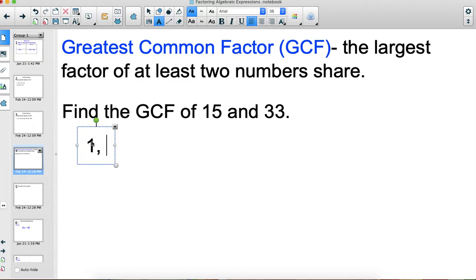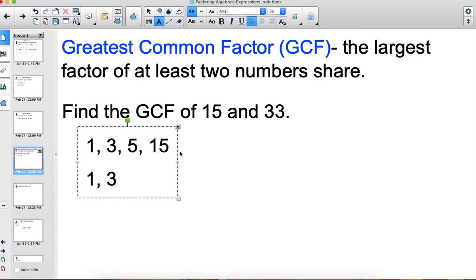We have 1, 3, 5, 15. 33 is going to be 1, 3 times 11, and then 1 times 33.